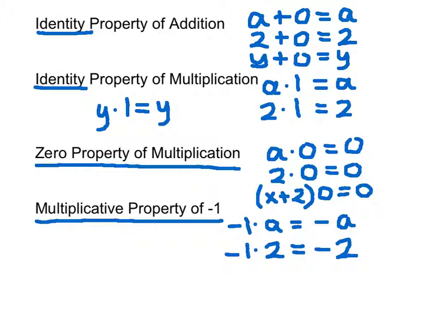Oh, so it gives you the opposite of the original number. Pretty neat. And let's choose a variable. Let's do a z this time. Now when I draw my z's, I put a little line through it so you can tell the difference between my 2's and z's. And so when you multiply negative 1 times positive z, you get a negative z.